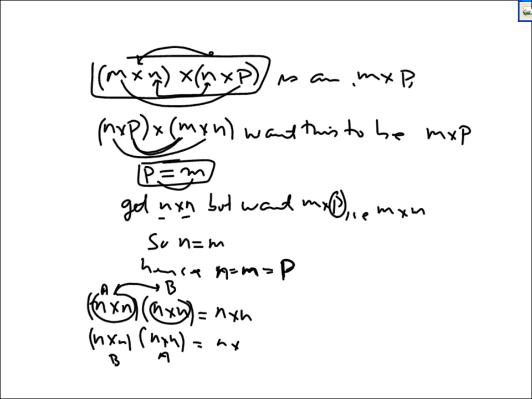And we'll get n by n. They'll be equal sizes. The only time AB and BA will be the same sizes is if A and B are square matrices of the same size. A cannot be 3 by 3 and B be 2 by 2.